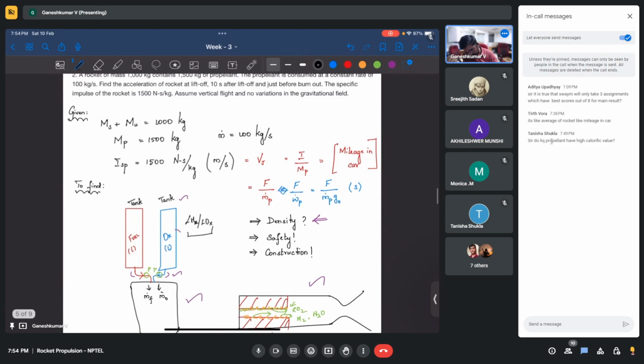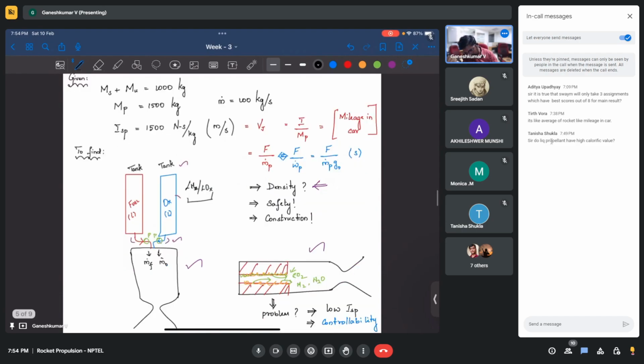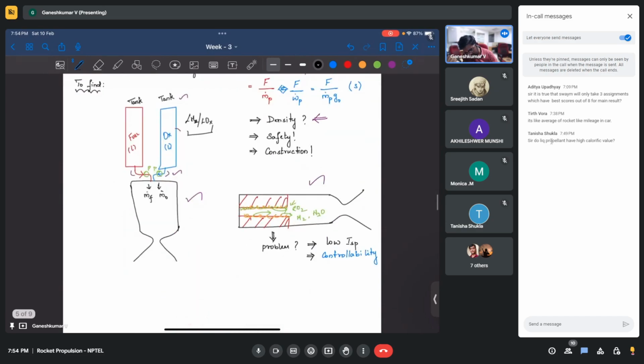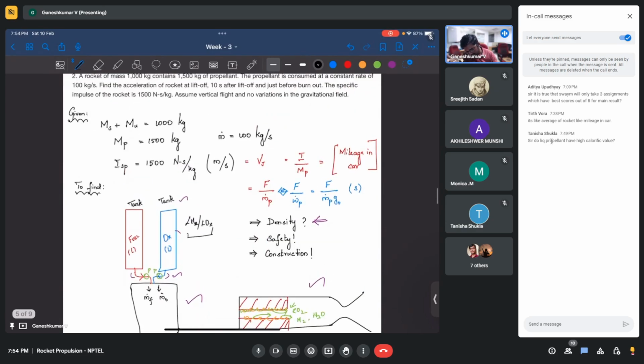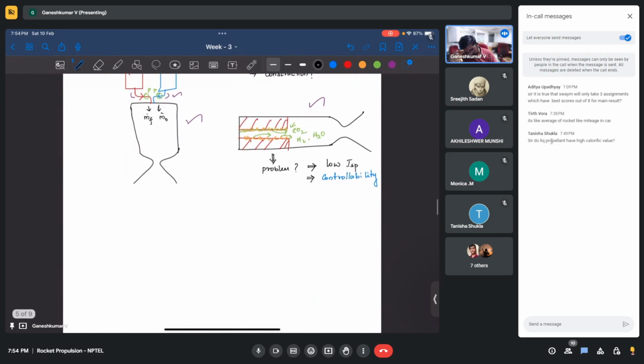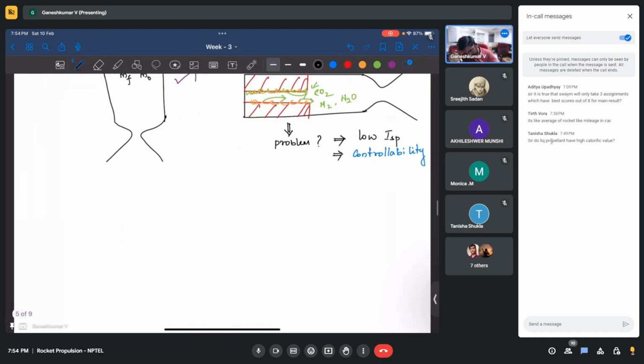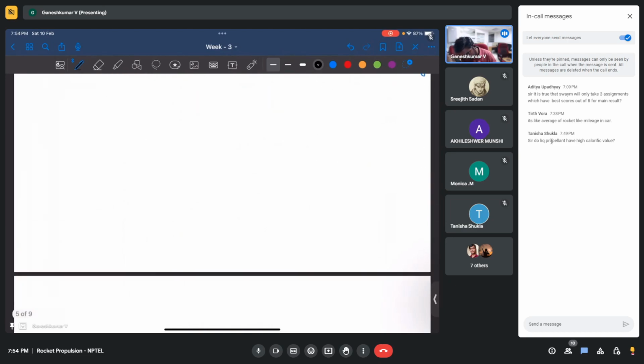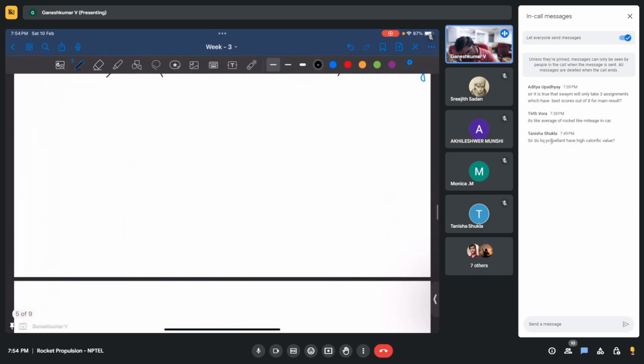Let's say we have ISP, and we have to find the acceleration of the rocket at liftoff, 10 seconds after liftoff, and just before burnout. Let's quickly solve this problem. Let me again draw the schematic of the rocket.